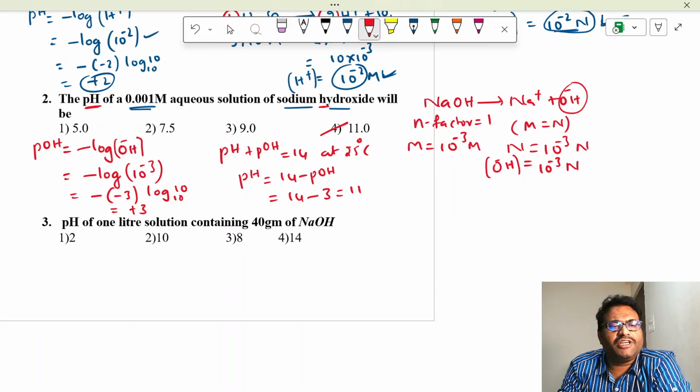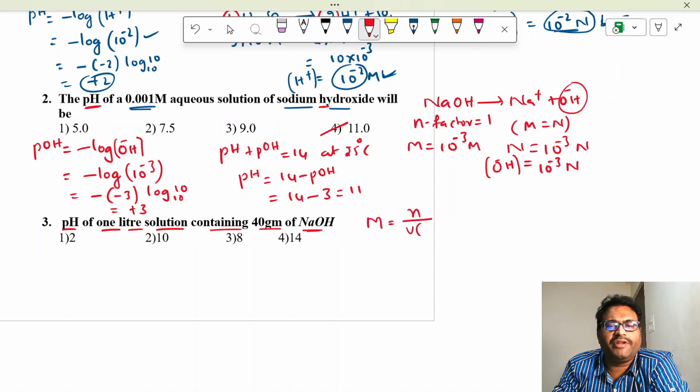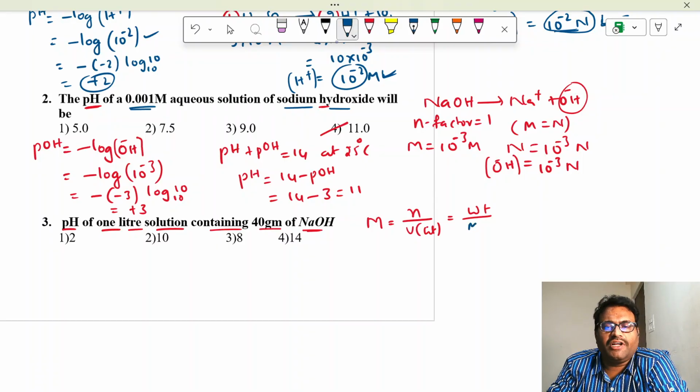Okay, next: pH of 1 liter solution containing 40 grams of NaOH. So molarity of NaOH, let us calculate. Molarity is equal to number of moles by volume in liters. Number of moles is equal to weight by molecular weight.